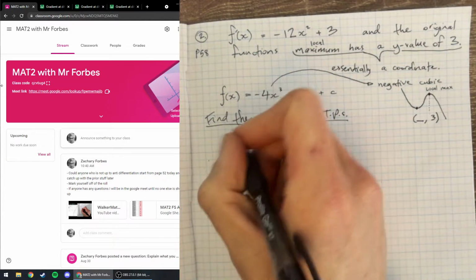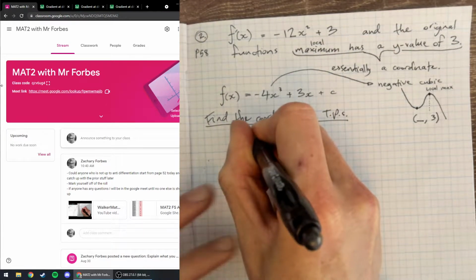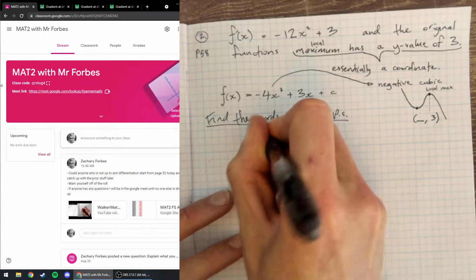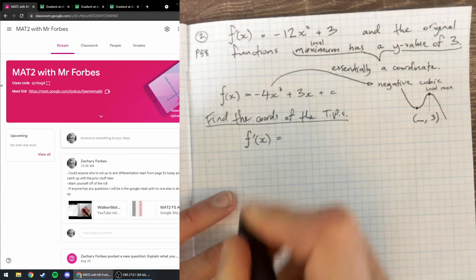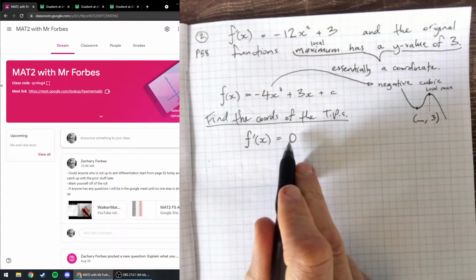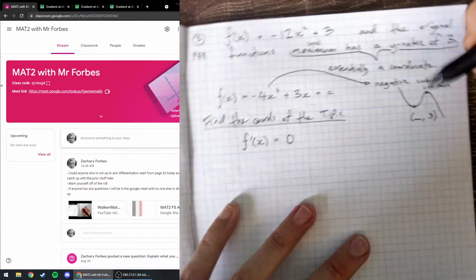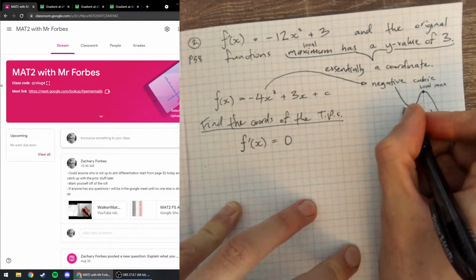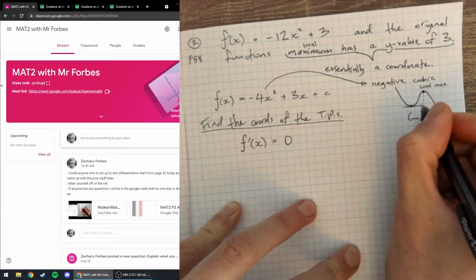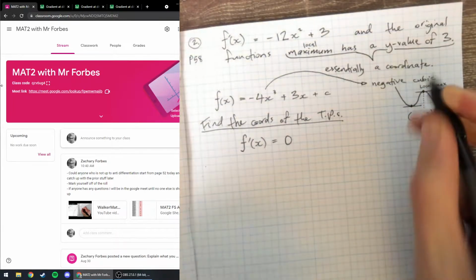We find the coordinates of the turning points when the function's derivative f dash of x is equal to 0. It's when the derivative is equal to 0, because as you can see here, at this point the gradient is 0. And also here, the gradient is 0.